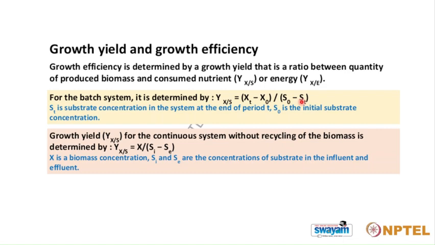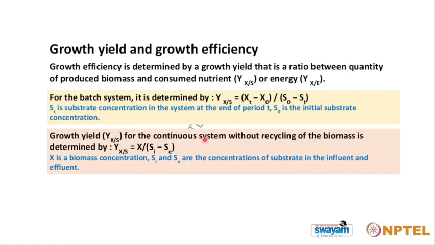We can say how much yield is obtained, isn't it? This is for batch system. In batch system there won't be any interferences, so we can directly calculate the yield of biomass with respect to substrate with this expression.